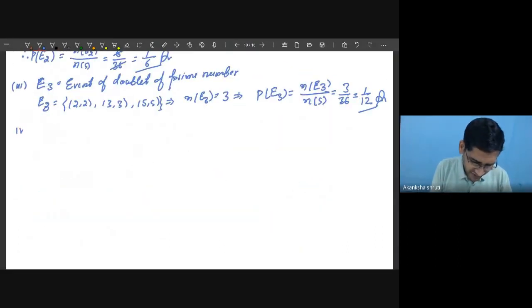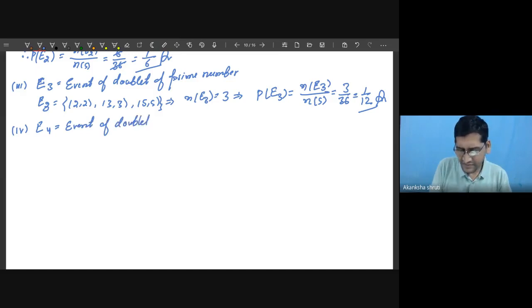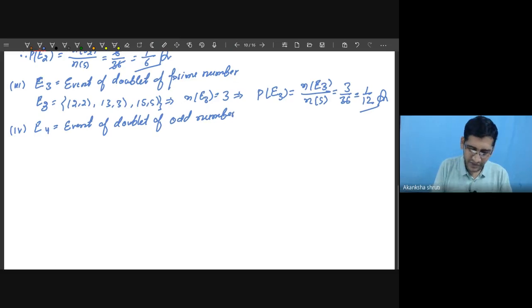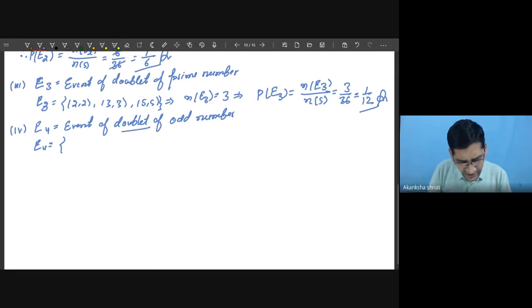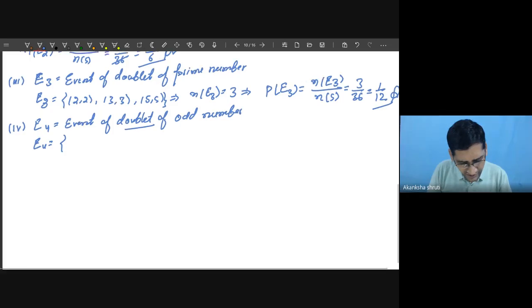So write down the fourth one. E4 is event of doublet of odd numbers. You can quickly write E4 is equal to doublet, means the same, but it should be an odd one.